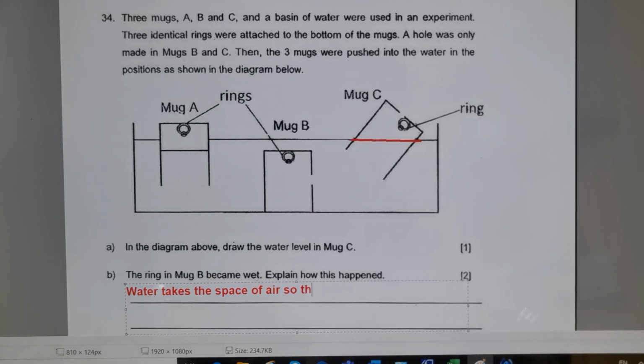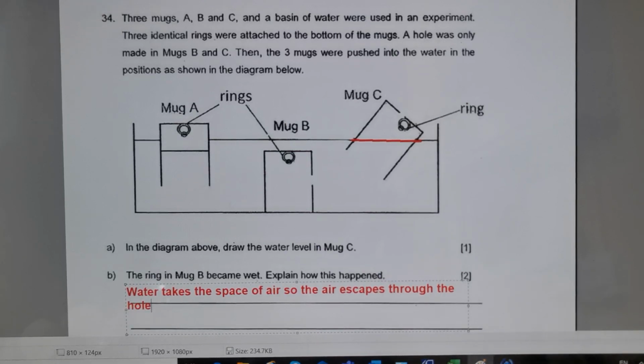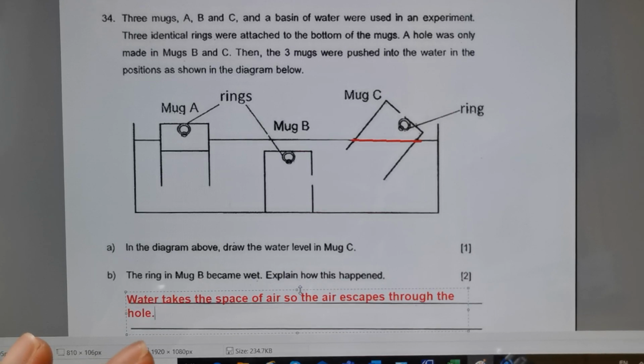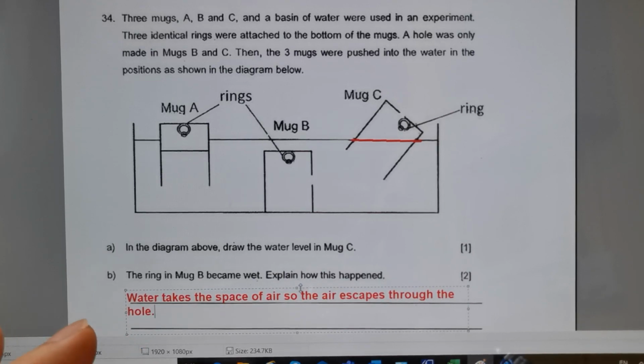So the air escapes through the hole. Okay, so I think, do you understand the first part? Water takes the space of air. Then after that, you must tell me, where did the air go? Air escaped through the hole. So that makes it very simple to understand, right now. So you may want to copy it down once we have paused the video.